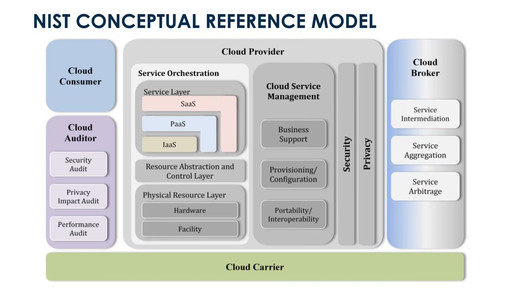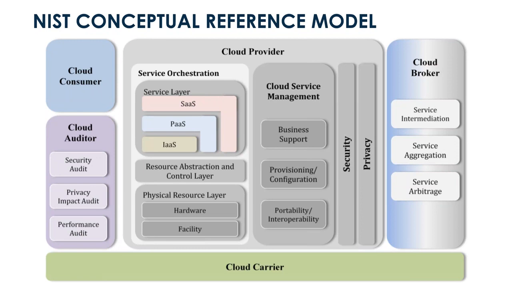There are a couple of areas I want to focus on in this reference model. The reason I pulled this up is it's nicely highlighted around security and privacy. If you look into the cloud provider, the big gray box, you see two vertical boxes, one around security, one around privacy. They stretch all the way from top to bottom.